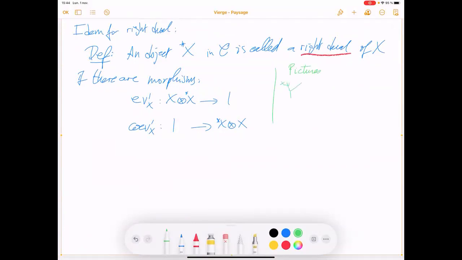So you have x star 1. You make a picture like that. Now x, you see, this is on the other side.